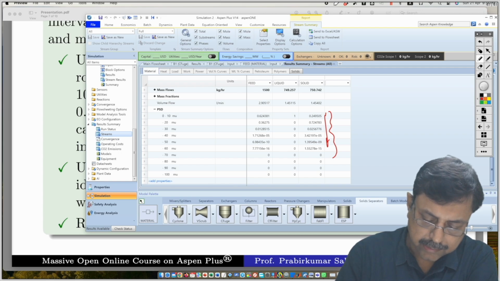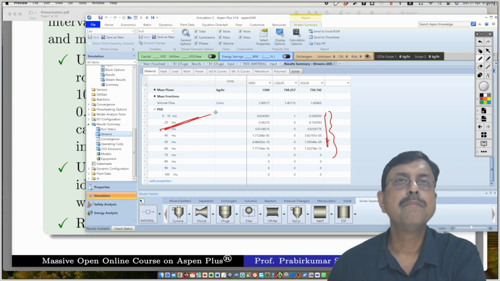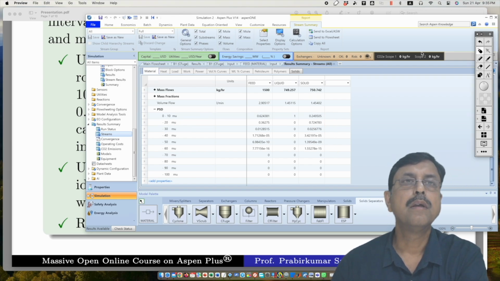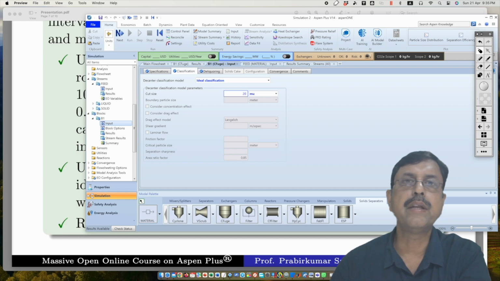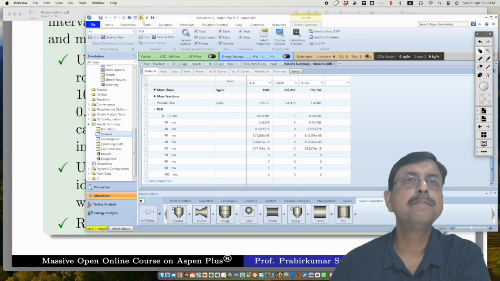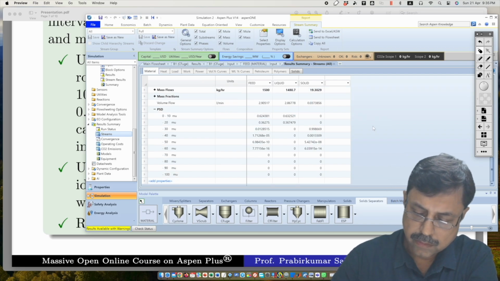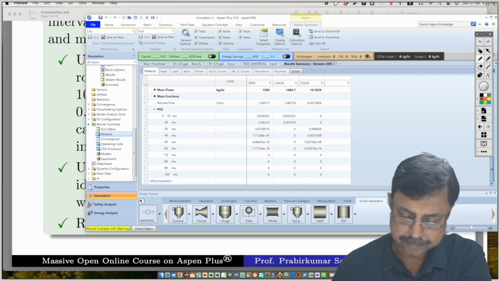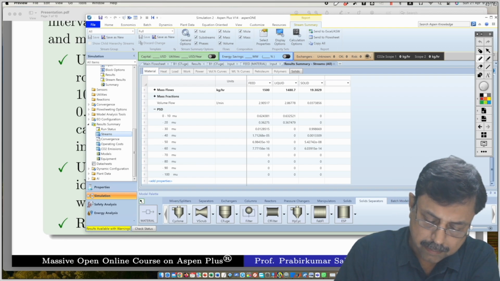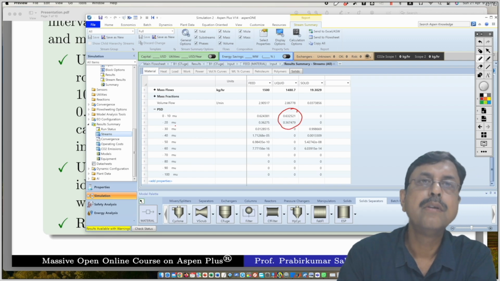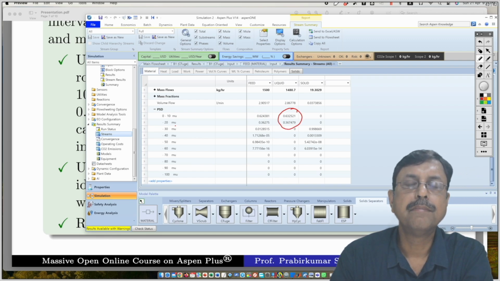Let us take a cut size of, say, 20 micron and redo the problem. Okay, so let us take 20 micron and redo the problem. Yeah, now this is understandable. So up to 20 micron, everything has gone to the liquid stream.